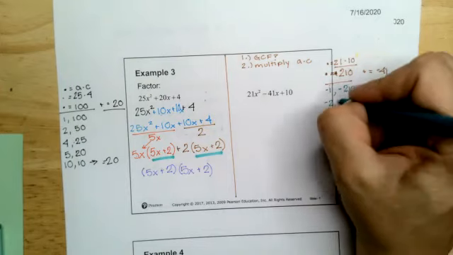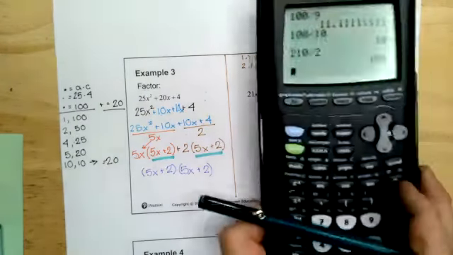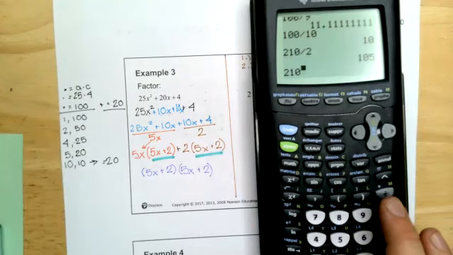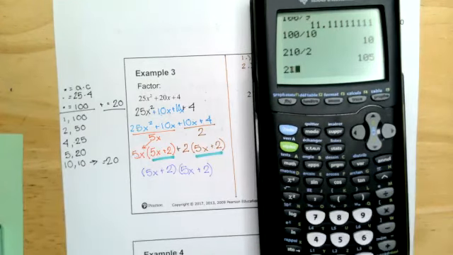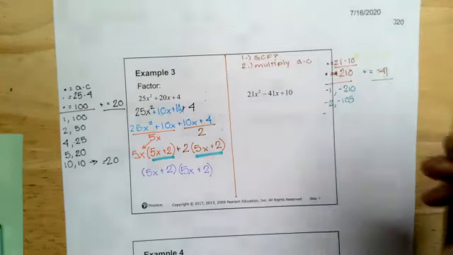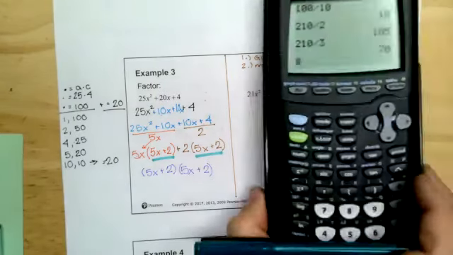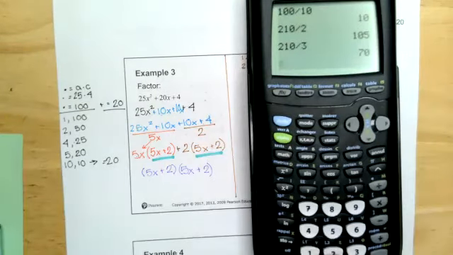So negative 2, negative 105. 210 divided by 3. And this is how I do it if it's not a number I'm familiar with. 210 divided by 3 is 70. Negative 3, negative 70. That's not going to add to negative 41.